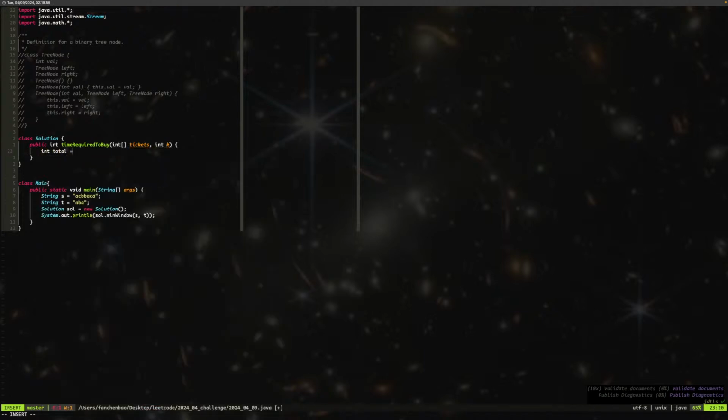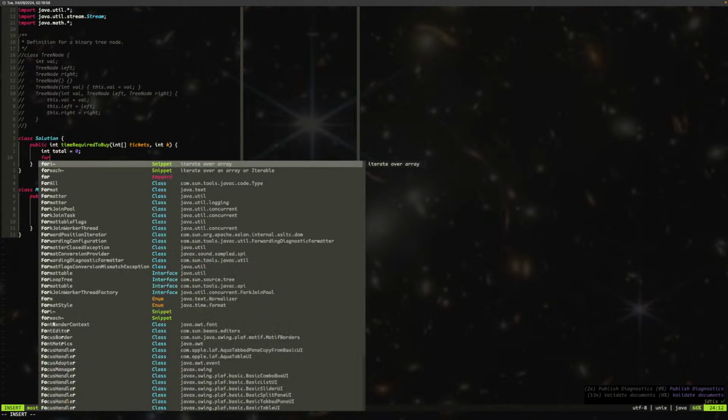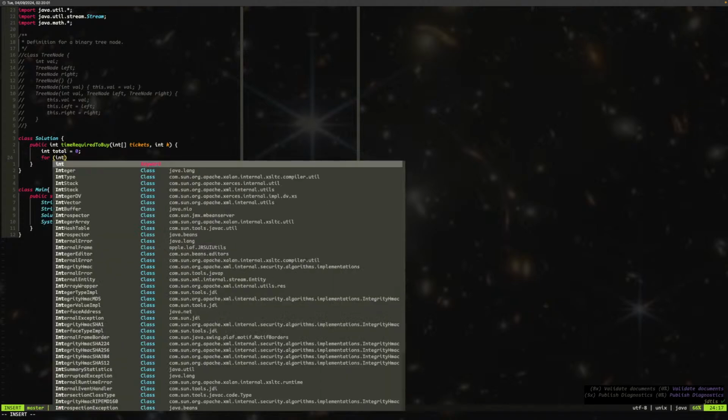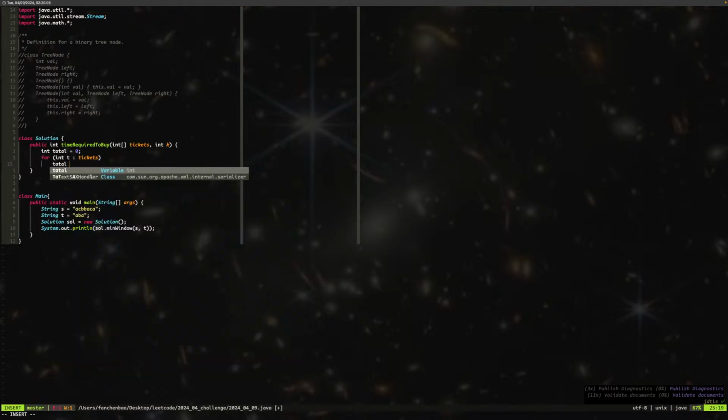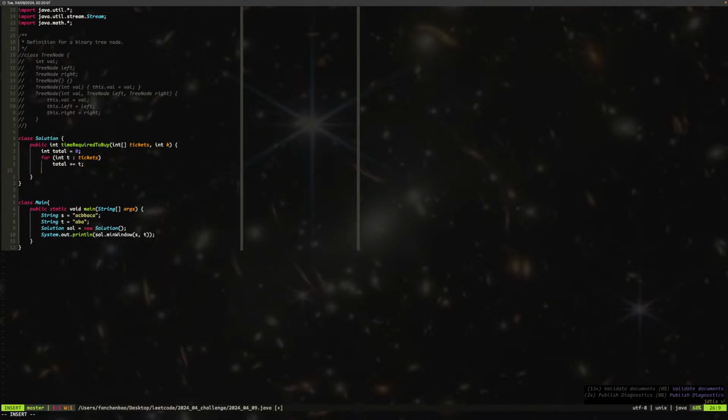Int total equal to 0, and then for t of tickets, total plus equal to t, and then we're gonna do t minus tickets k. So we're gonna do that many times, and each time we're gonna do tickets length that many.